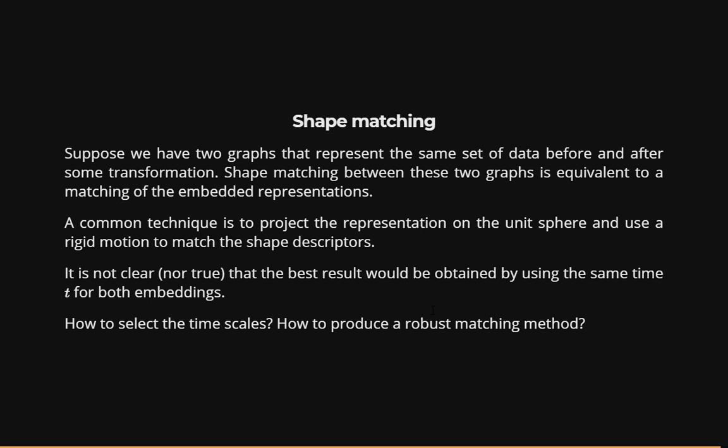Now, there are other possible applications. For example, you have shape decomposition, so you can isolate parts of a bigger object and so on. This is all usually done for 3D objects, but the same principles apply in a variety of contexts.